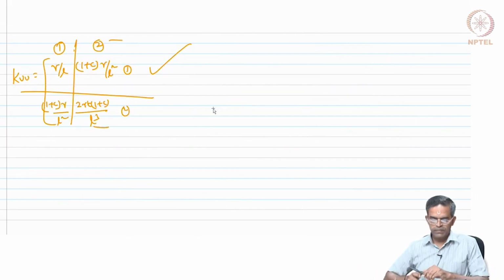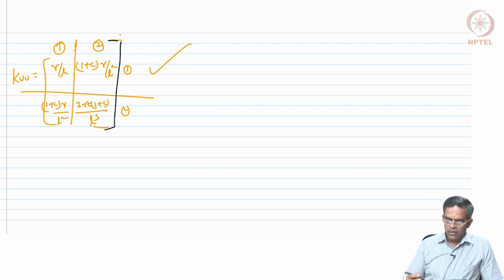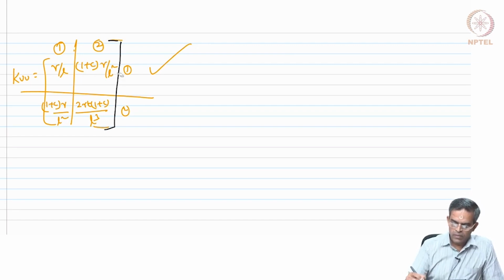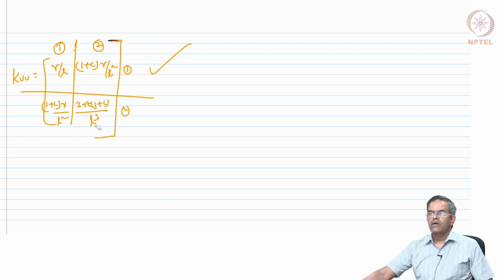Okay, KU matrix. As we just now discussed, I must set determinant of this to 0.